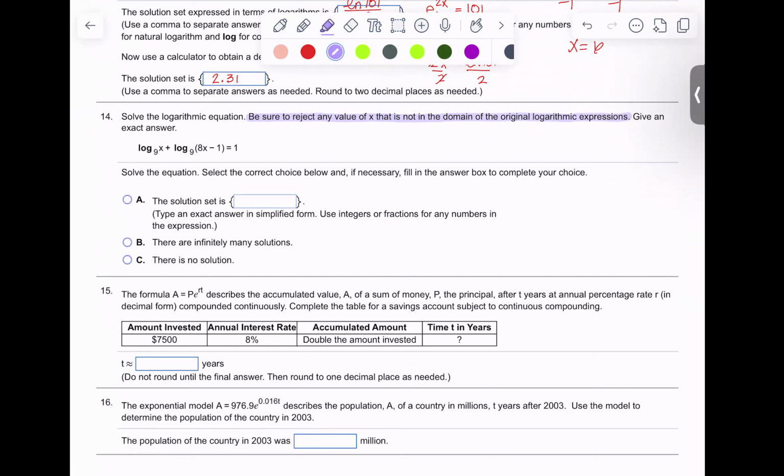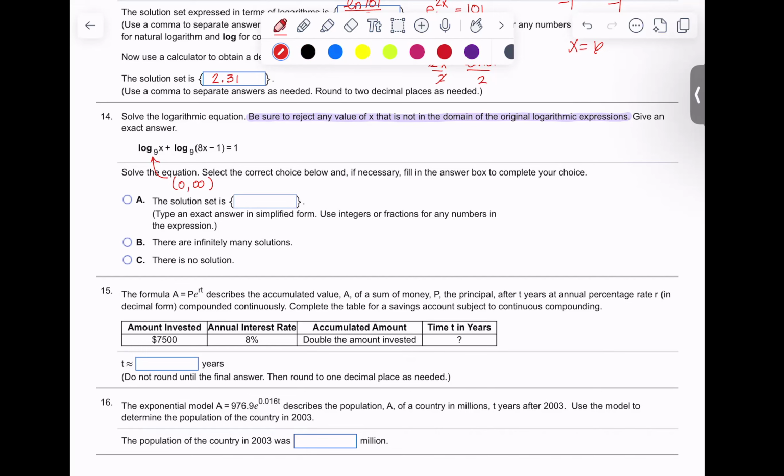The first expression I have on the left-hand side of this equation is the log base 9 of x. So that's just a standard logarithm whose domain has to be the set of positive numbers. You cannot put a negative number in for x there. So looking at that first expression, the domain is the set of positive real numbers.